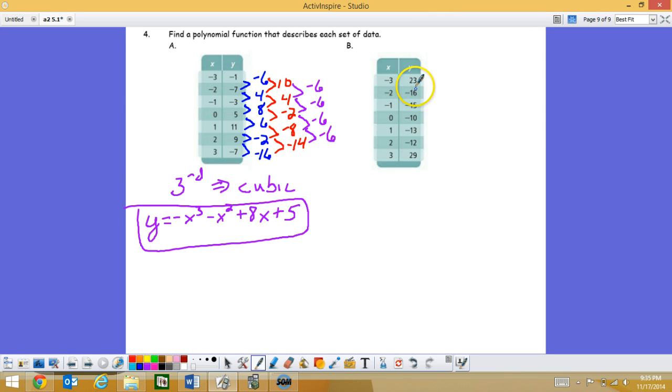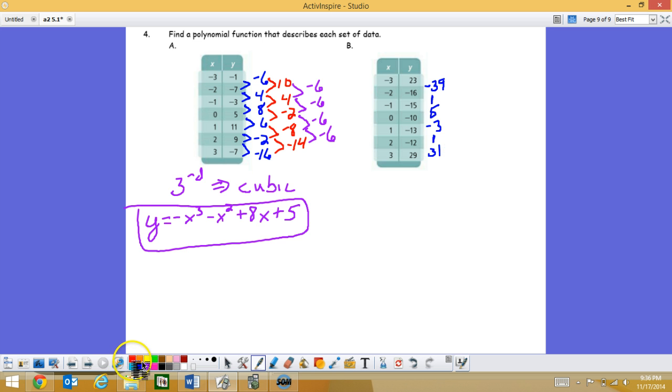So the first one is -16 minus 23, that is -39. -15 minus -16 is 1. -10 minus -15 is 5. -13 minus -10 is -3. -12 minus -13 is 1. And 29 minus -12 is 31.